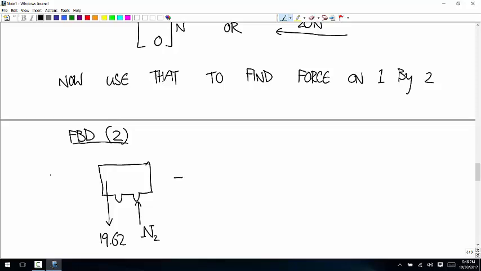We just figured out that's pointing this way with a magnitude of 20. And then there's a contact force, a pushing contact applied by the 1 kilogram. So I'll call this F. So that's the force on the 2 by the 1.